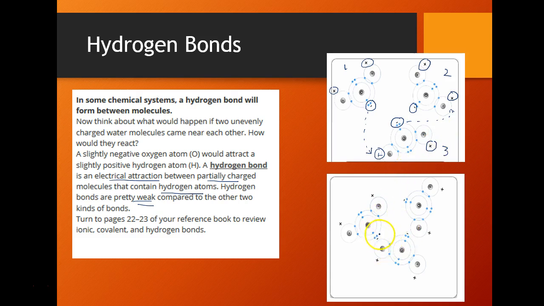So you see an interaction right here and an interaction right here. Even though it's not a strong bond, there is an attraction because of those partial electrical charges. But again, the hydrogen bond is a lot weaker than the covalent bonds and ionic bonds that we talked about previously.